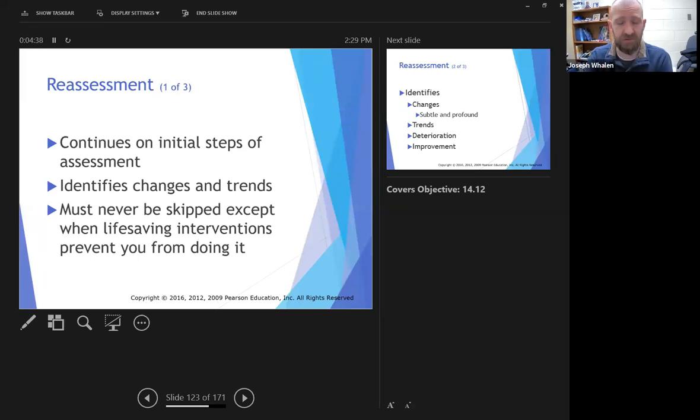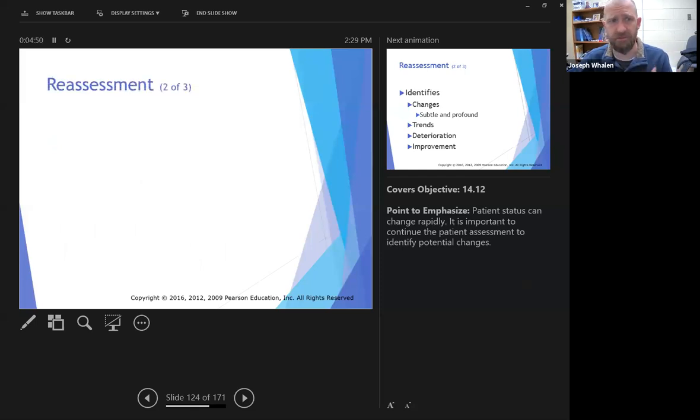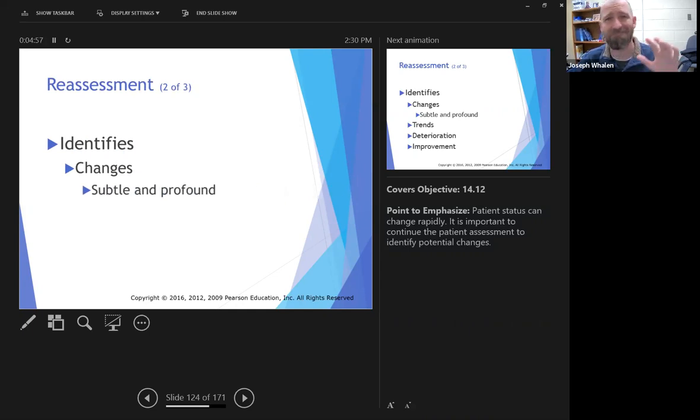After we initially get some information, we need to reassess it, rethink about it, twirl it around in here, and make sure that our diagnoses are good, our interventions are good, etc., things like that. So we always need to be doing those. Again, we're looking for changes. They can be small, they can be large, right?